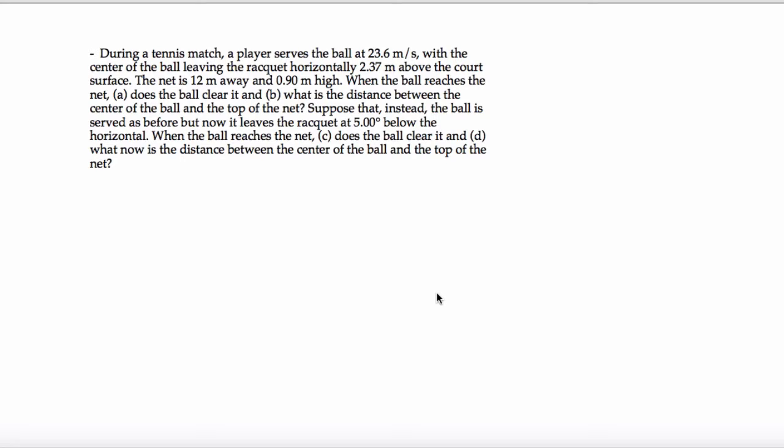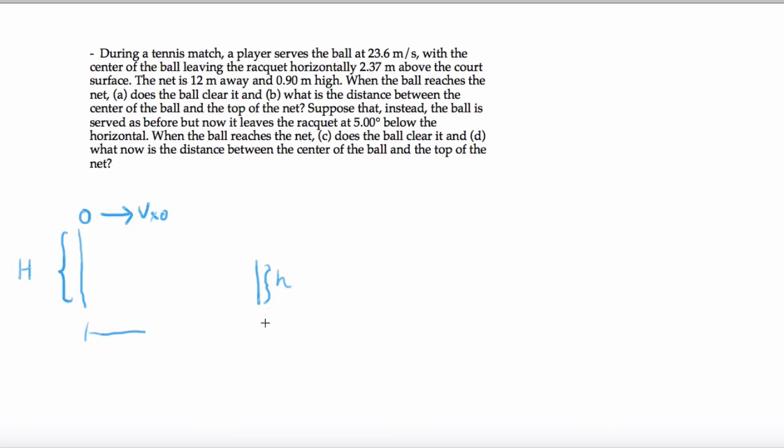Alright, so I wanted to go ahead and solve this last little homework on the problem set. So here we go. In the first part, we have a tennis ball that is served with a horizontal initial velocity, and it is served at a height h. And the net is this level, h high.